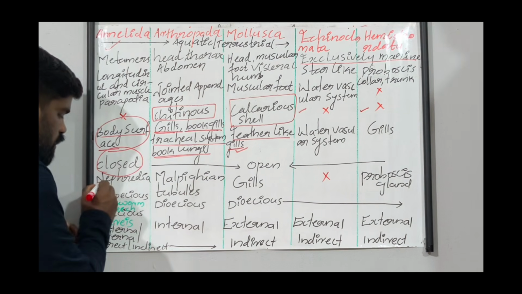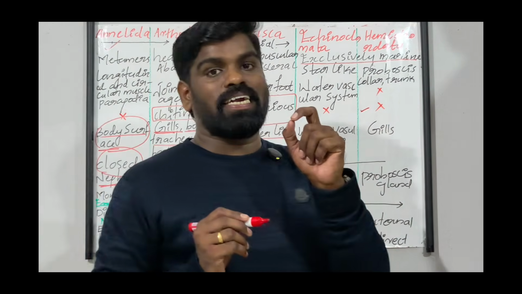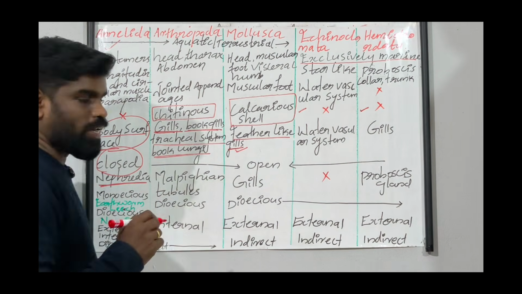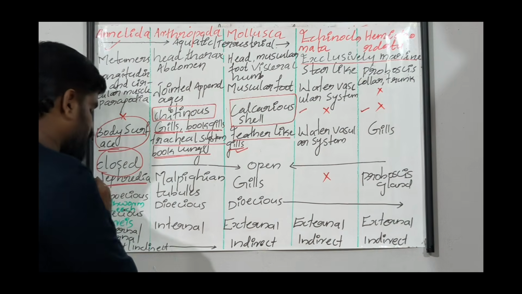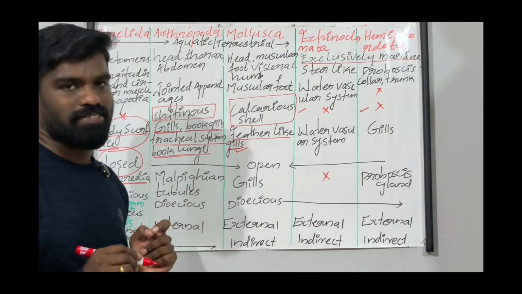Okay, now the excretory organ. I already told you that we discussed different excretory organs in the last phyla. Annelids have nephridia as their excretory organ.